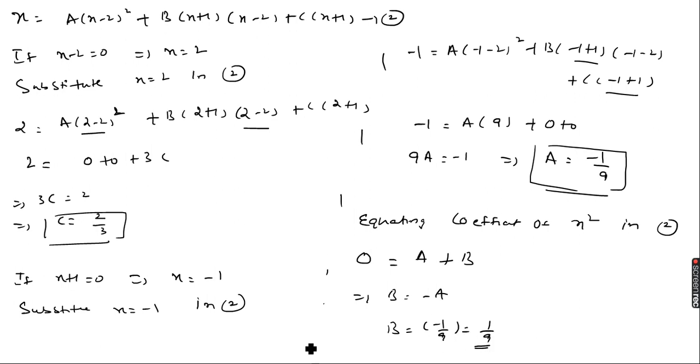So therefore substitute a, b, c in 1. We get x by (x plus 1) into (x minus 2) whole square.